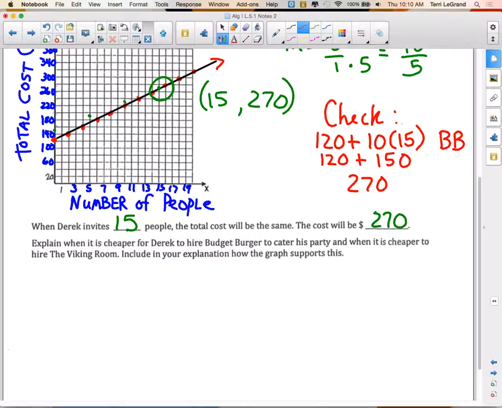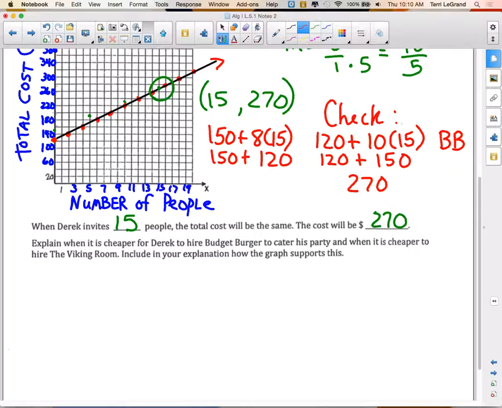Okay. Now I'm going to come over here and do the Viking Room. What does the Viking Room charge again? 150. And they charge $8 a person, and we have 15 people we're inviting. So 8 times 15, well, 8 times 10 is 80. 5 times 8 is 40. 80 plus 40 is 120.